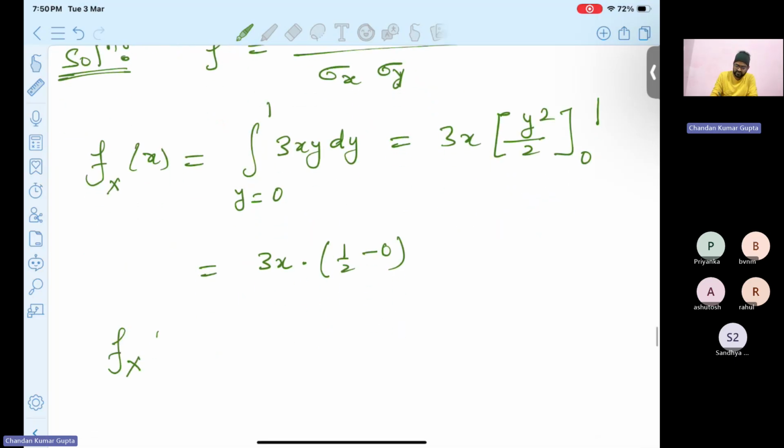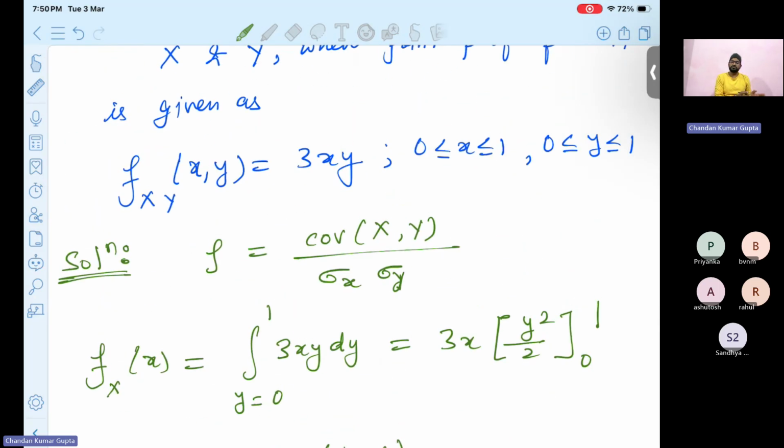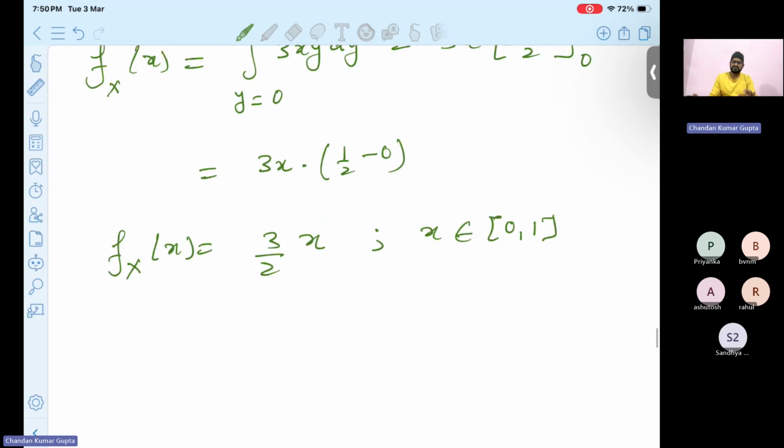So f of x comes out to be 3 by 2 x when x belongs to 0 to 1. I can write 0 is less than or equal to x is less than or equal to 1, or we can write this. Okay. In a similar manner, we can calculate the marginal of y, but let me first calculate all the moments for this only.